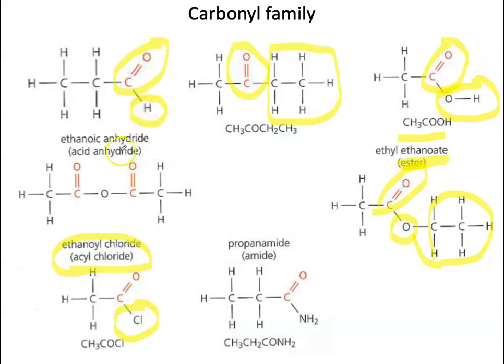If I was to compare an aldehyde at the top here with an acyl chloride, then the Cl and the H are your differentiators. The acid anhydrides we will look at later on, and in the case of amides, the biologists should be familiar with this when you've studied amino acids and peptide links, the difference here is NH2. So you can see clearly 1, 2, 3, 4, 5, 6, 7 members of the carbonyl family. They're all different as to what is attached to the carbonyl carbon.